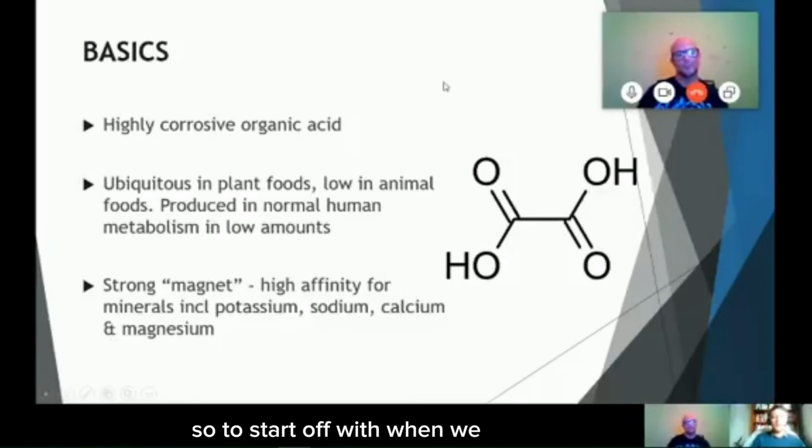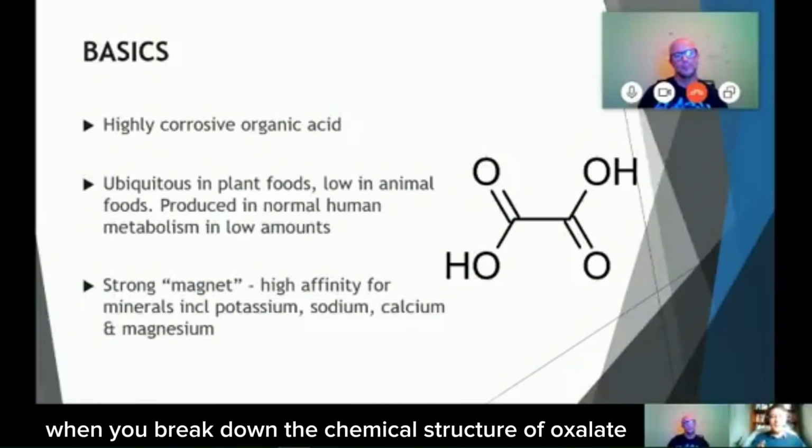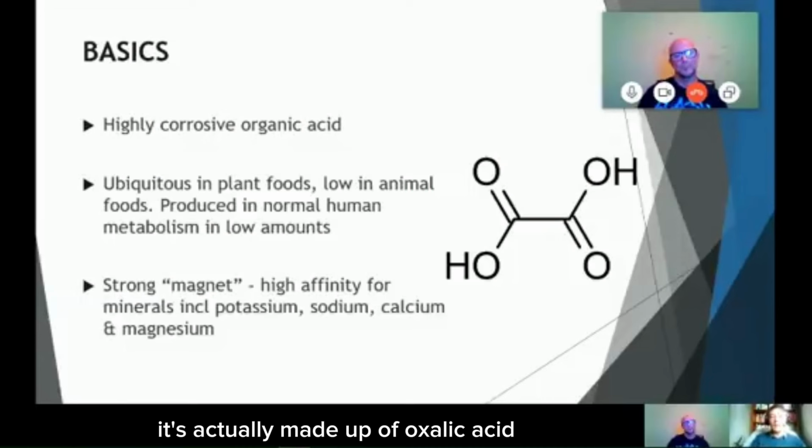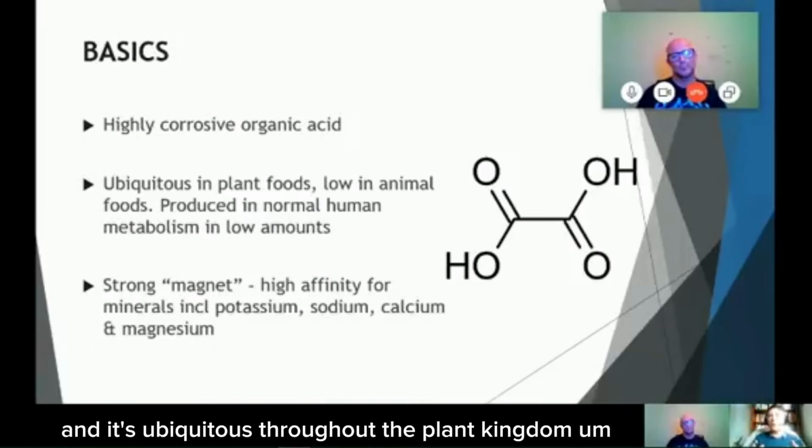Okay, so to start off with, oxalate is contained in many foods, but basically when you break down the chemical structure of oxalate, it's made up of oxalic acid. So oxalic acid is an organic acid. You find it in nature, and it's ubiquitous throughout the plant kingdom.